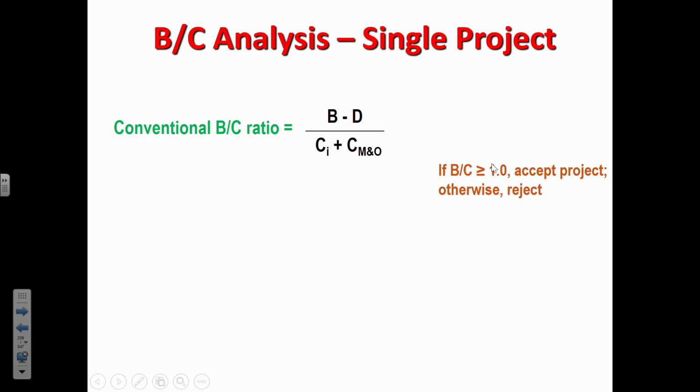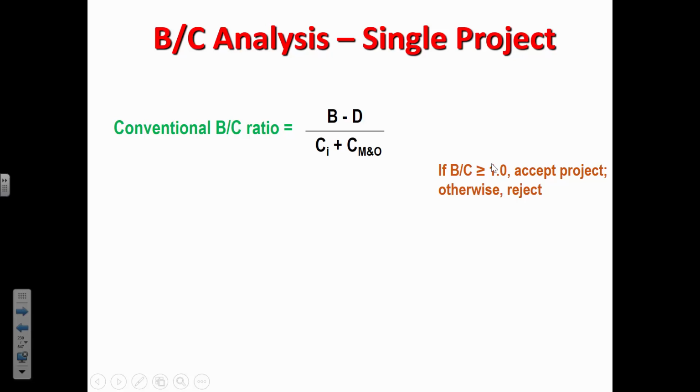What it means is that if a project is going to yield more than $1 of benefits for each $1 of costs, then you should do the project. In other words, if I can get $1.10 of benefits by only spending $1, then I should spend the $1.